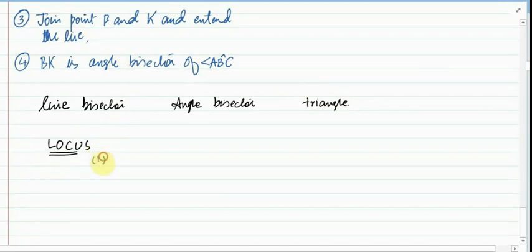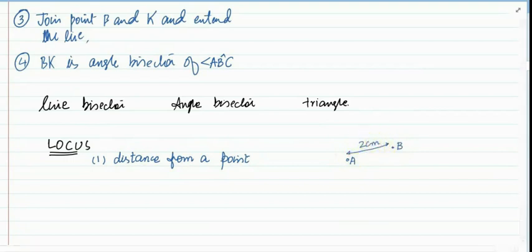In a locus, if you have a condition that is distance from a point, like if I say that a point B should remain 2 centimeters from A, it means that now you need to draw the circle.